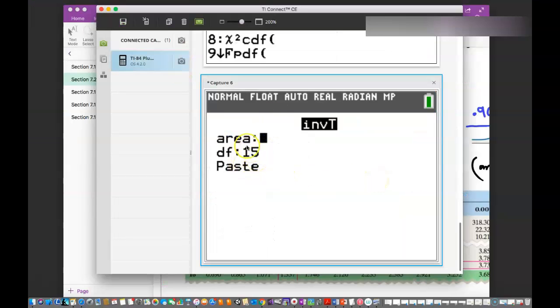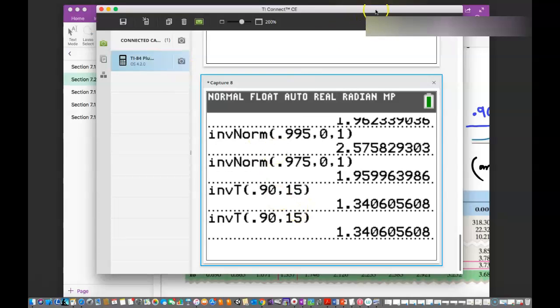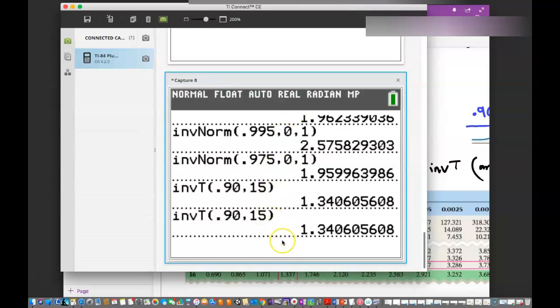I already entered 15. So for the area in this part we have 0.90, and degree of freedom is 15. After you enter these two, area and degree of freedom, then enter, again enter, and enter. So the answer is 1.34.